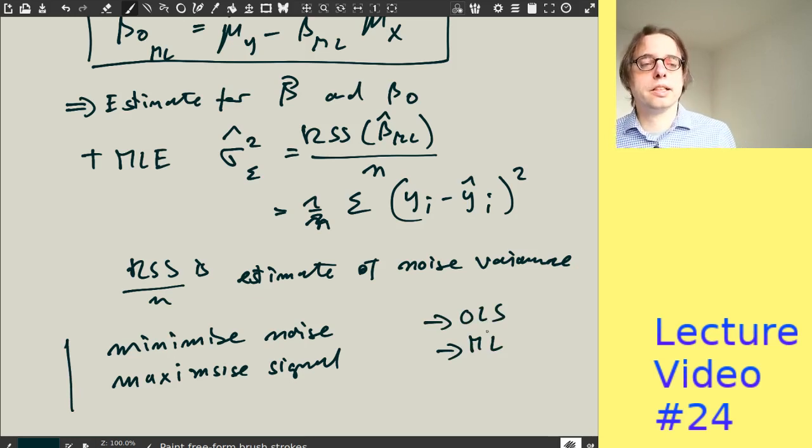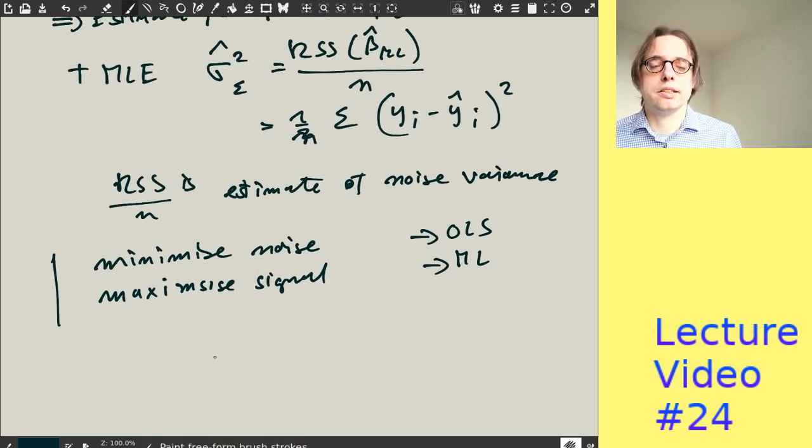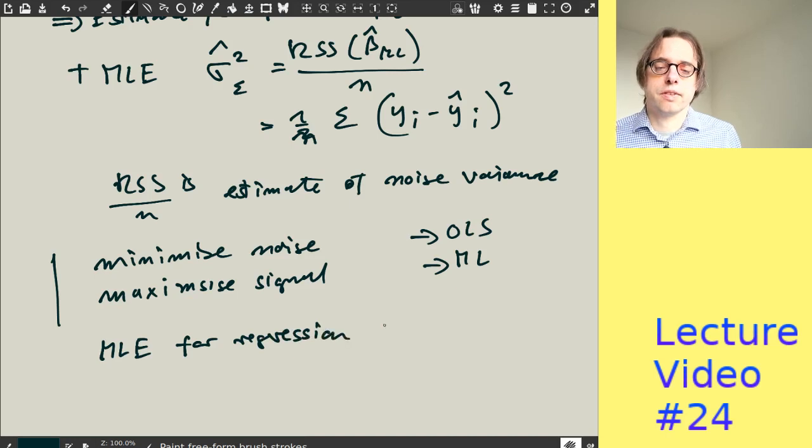So the good thing is, ML, the MLE for regression, equals OLS, assuming normality.